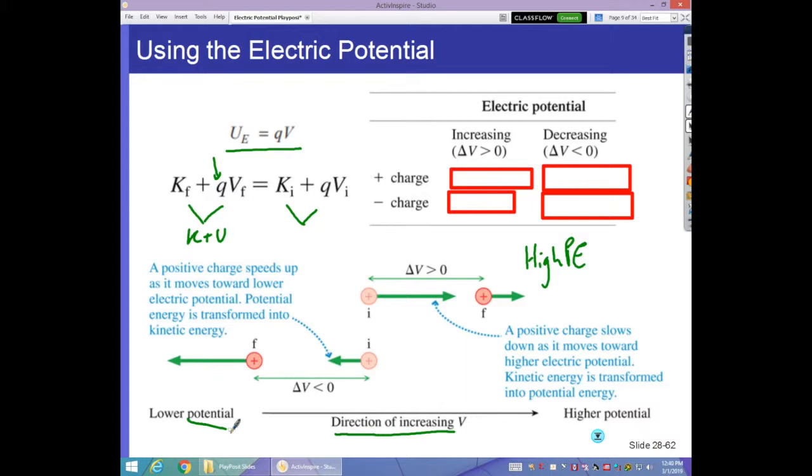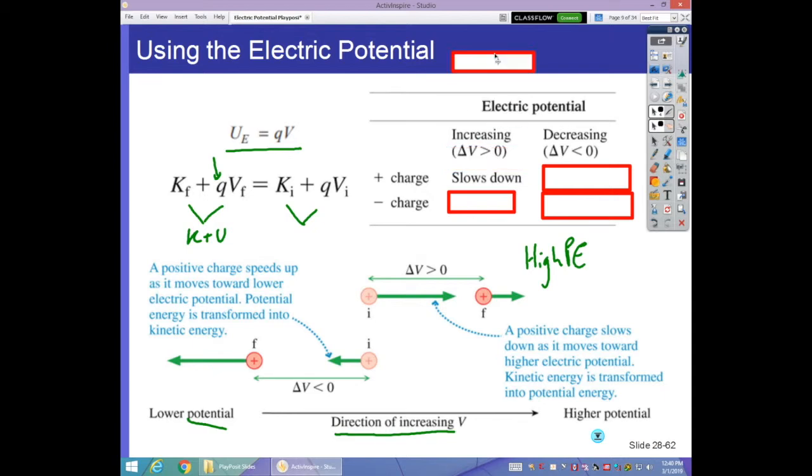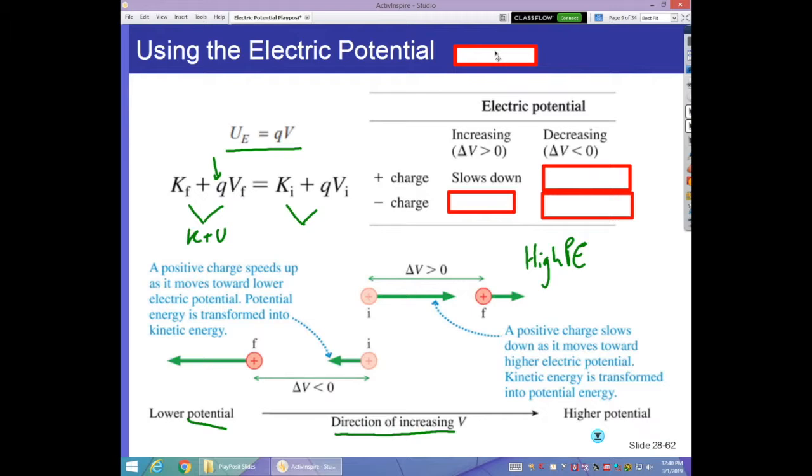What are my charges going to do? Well, a positive charge, if you try to move it towards higher potential energy, its kinetic energy has to go down. So if you try to move a positive charge in the direction of increasing voltage, it will slow down. Just the same way as if I throw a ball up in the air, it's going to higher potential energy, and it wants to slow down.